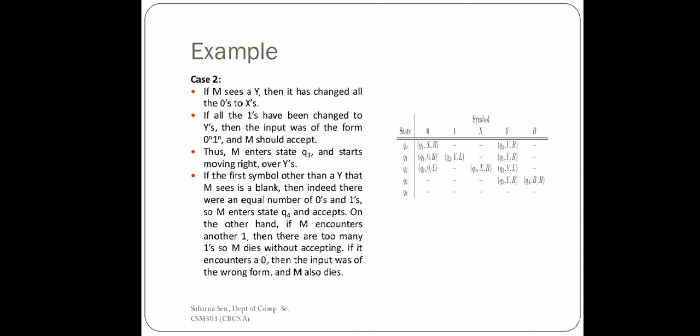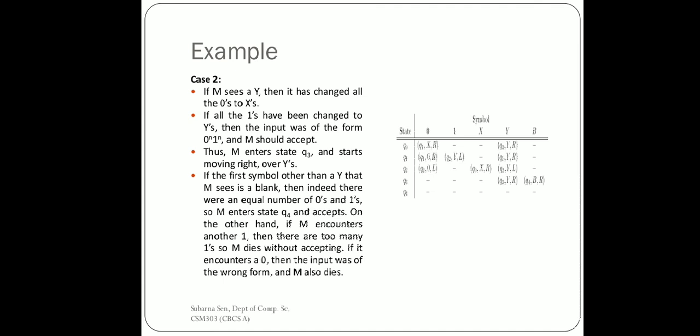So after scanning everything, all the zeros and ones, what will remain? Blank, right? So if it encounters a blank, it has to go to the final state, that is q4. If not, if it encounters another one, then there are too many ones. Since it has reached the end, there should not be anything left over.